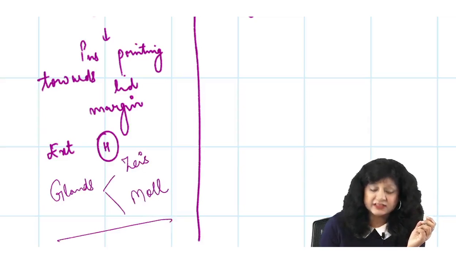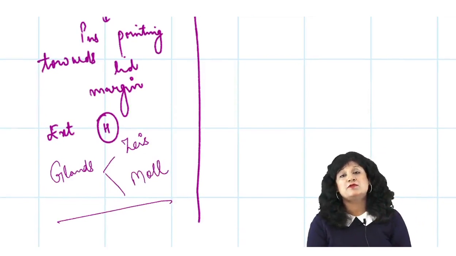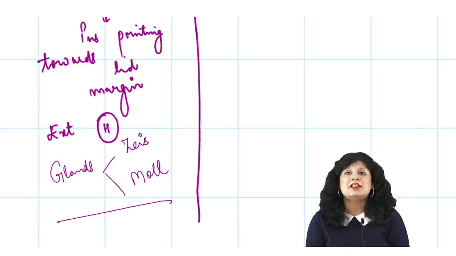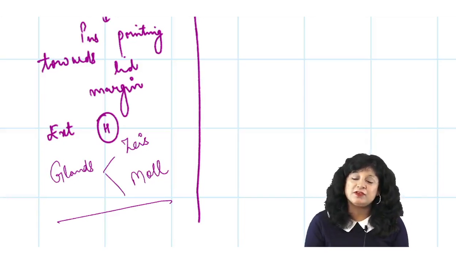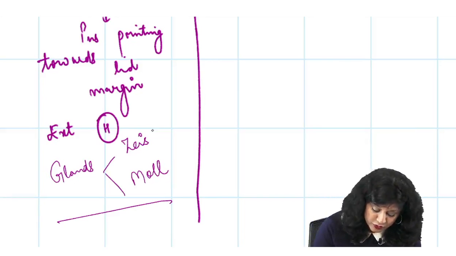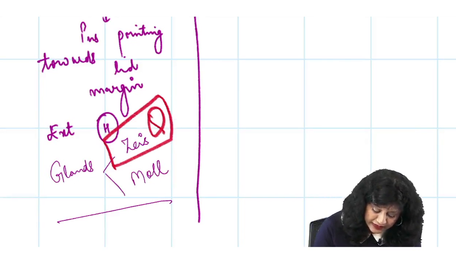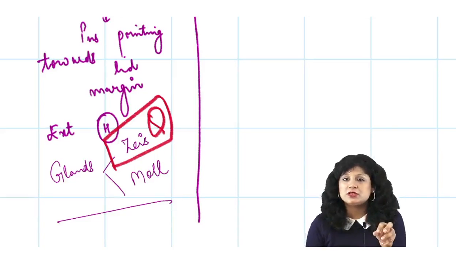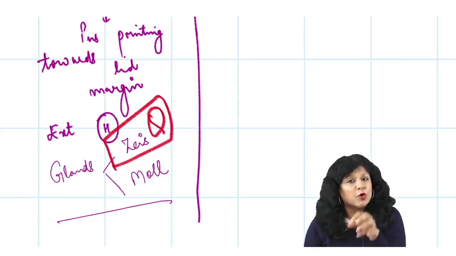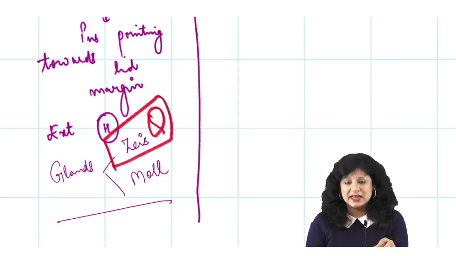Even these are asked as separate MCQs, which glands are affected. Now sometimes there is confusion that both of them are given, then which one to choose? Then you have to choose the Zeis gland only, because the Moll gland ducts are also opening into the Zeis glands. So even if both are given, you have to choose the Zeis gland.